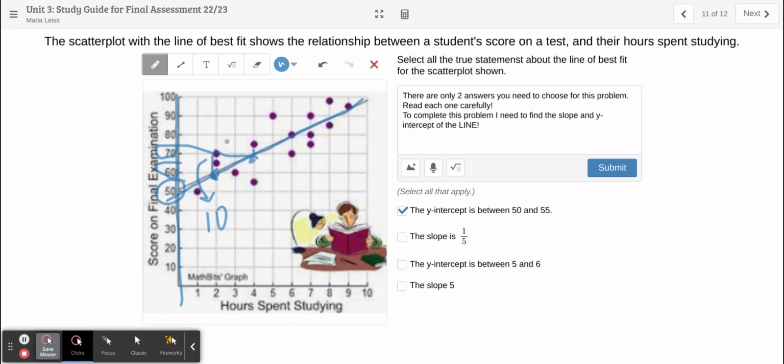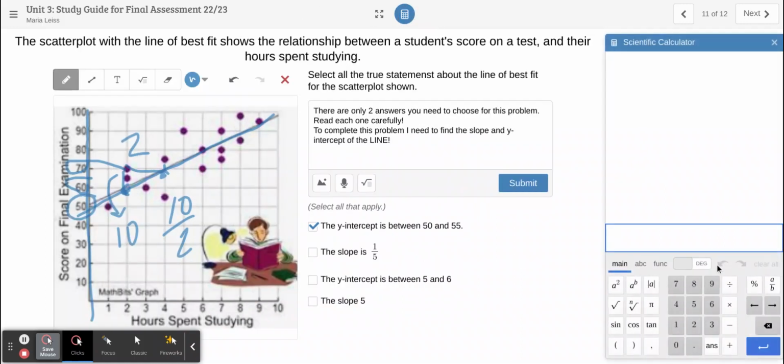The run is 2 blocks, but it's still just 2 because it's going from 2 to 4. So if I go into my calculator and I write this as rise over run, what is the slope? Yep. So our slope should be 5. So be very careful. There's only 2 answers on this one.